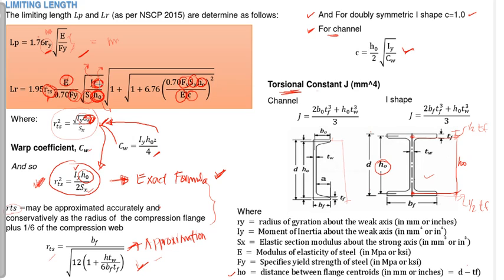And for the J, that is the torsional constant. This is actually a property of the section, which has something to do with the resistance against torsion.